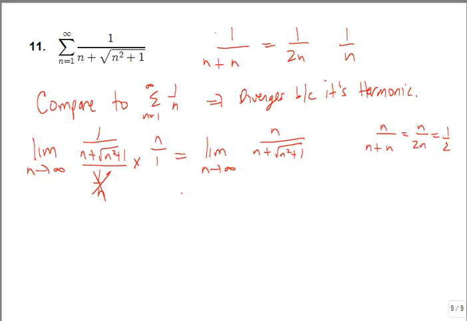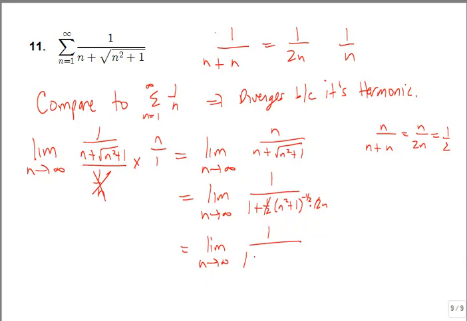If you wanted to be formal about this, you could use L'Hopital's rule. Since initially this is infinity over infinity, the derivative on the top goes to 1, the derivative of n goes to 1, and the derivative of square root of n squared plus 1 would become 1/2 times n squared plus 1 to the negative 1/2 times 2n. The 1/2 and the 2 cancel, and this is going to be 1 over 1 plus n over the square root of n squared plus 1.